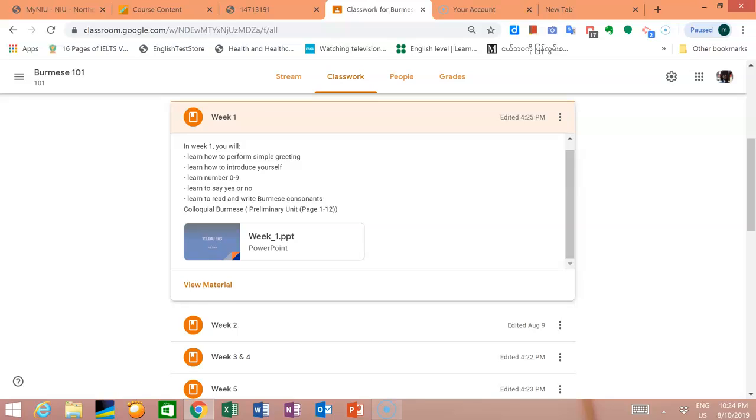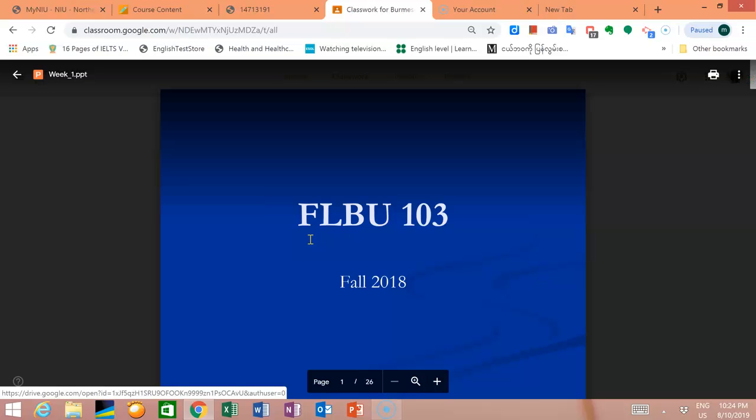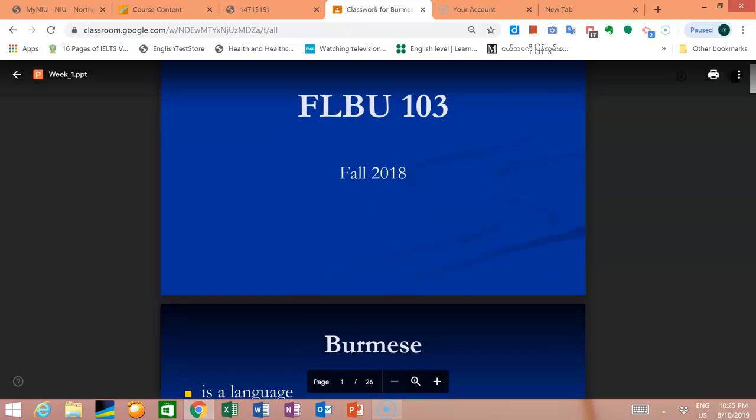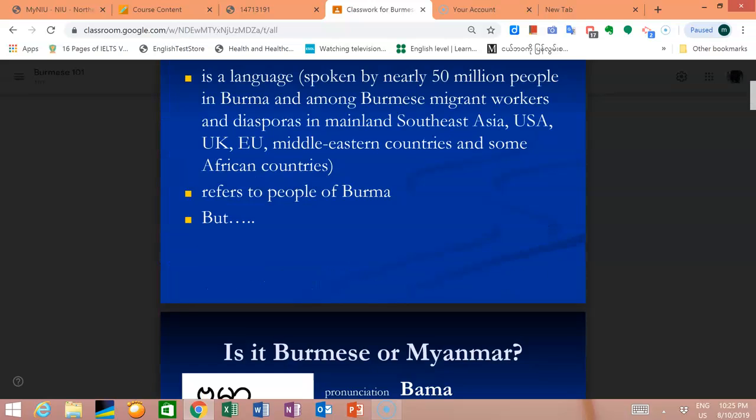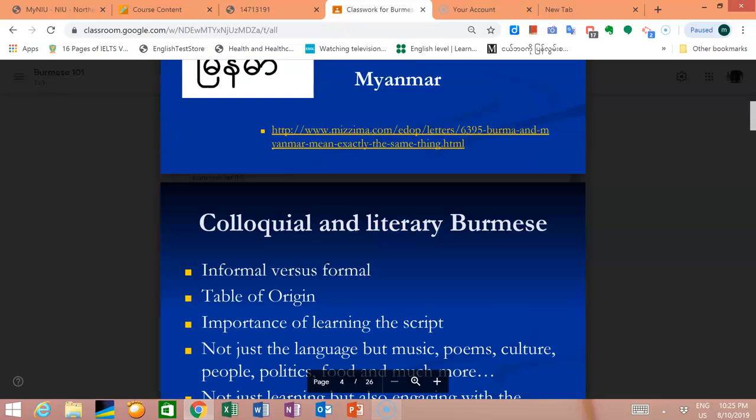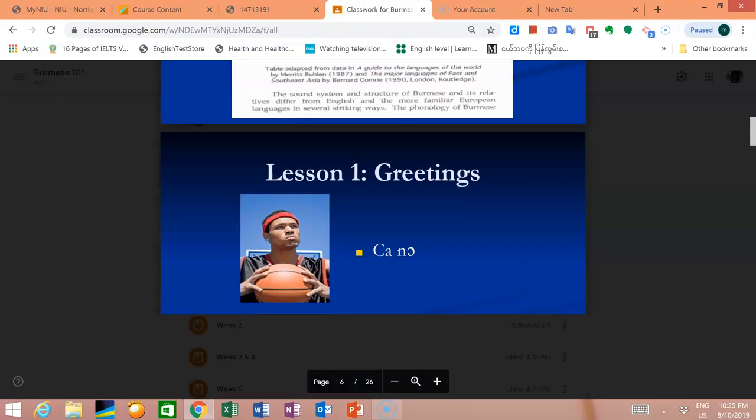For this unit, learners are required to study a preliminary unit from pages 1 to 12 of the book called Colloquial Burmese. So it's the PowerPoint. The first part of the PowerPoint shows a bit of the background of the Burmese language, and the rest will be the lesson.